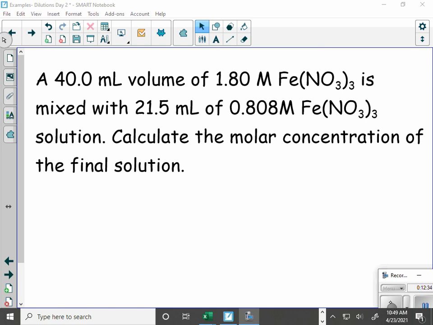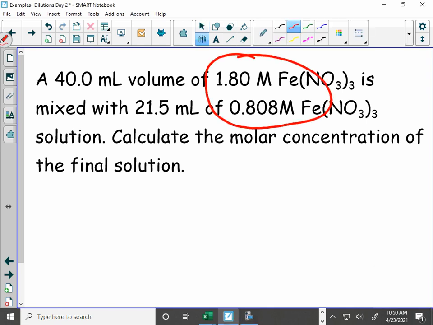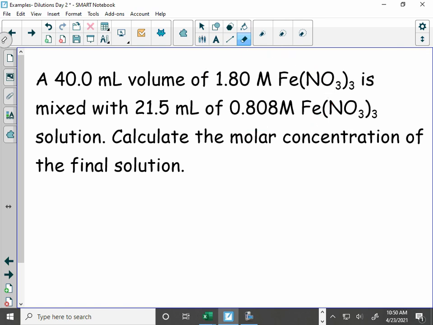Now, when I combine them together, doesn't it make sense that I should have a value somewhere in between those 2? So I should have a value that's in between 1.80 and 0.808. What I need to do first is find out how many moles are in each one of those solutions.